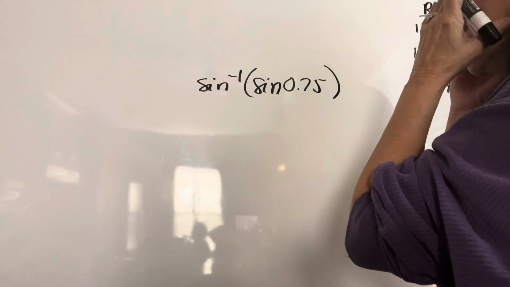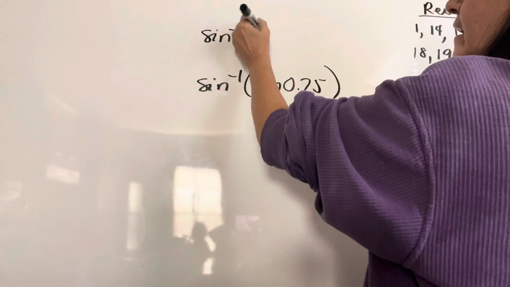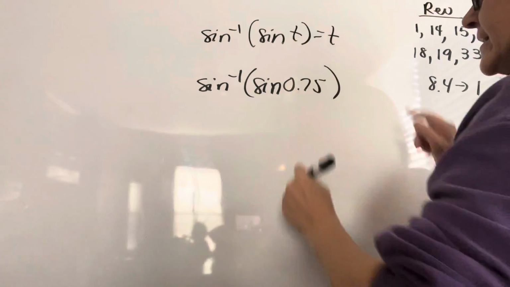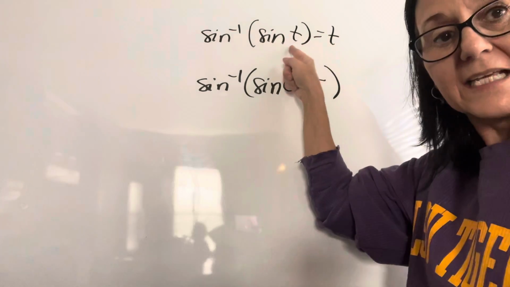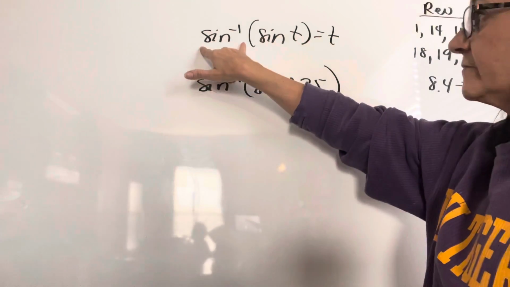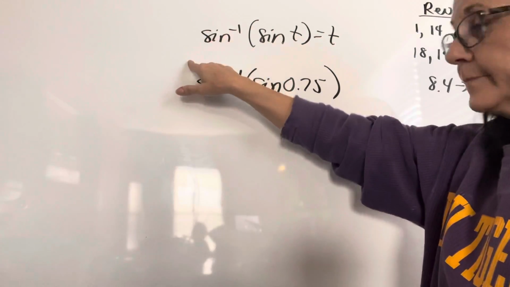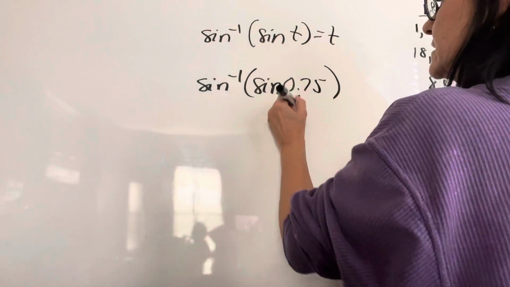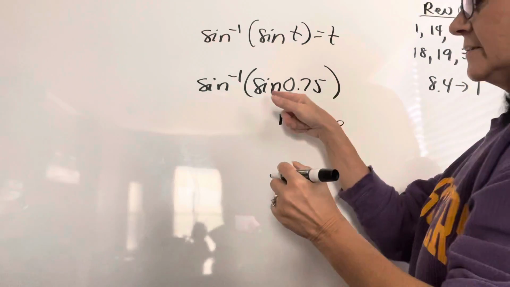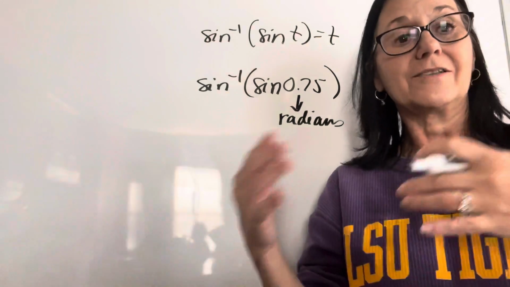The inverse sine of the sine of anything is always t, as long as that t is in the right quadrants when we take the inverse. The sine has got to be in quadrant 1 or 4. All right, so this is radians. Remember, when it's just the sine, the number right after it is radians. When we do the inverse sine, the number after it is the ratio.